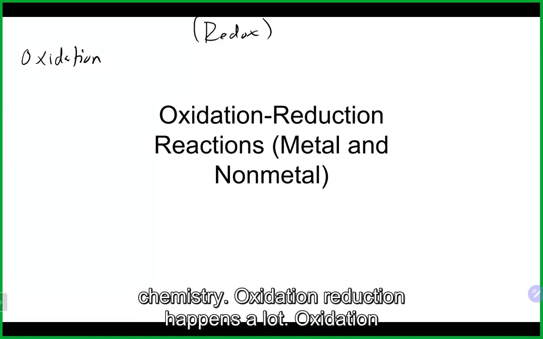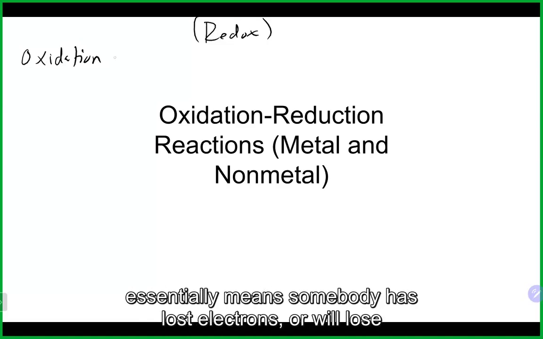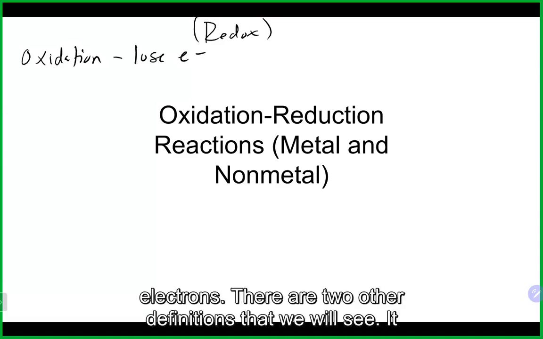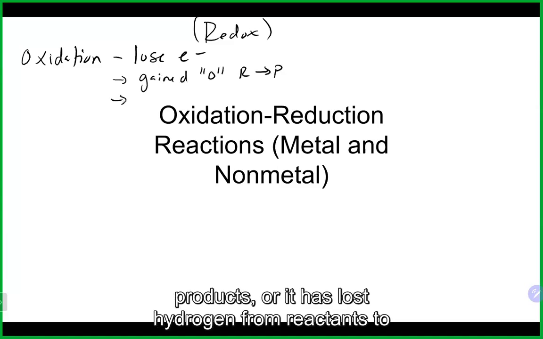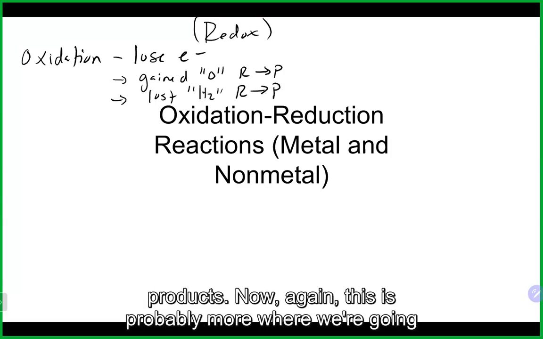Oxidation and reduction happens a lot. Oxidation essentially means somebody has lost electrons or will lose electrons. There are two other definitions that we will see. It can also mean that it has gained oxygen from reactants to products, or it has lost hydrogen from reactants to products.